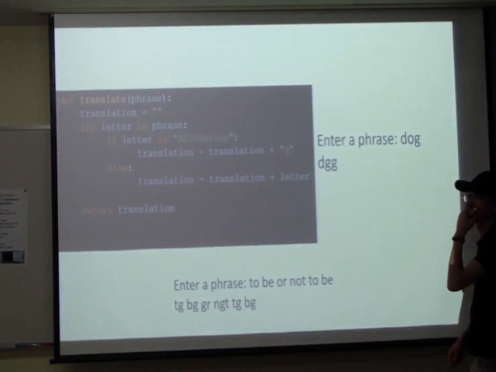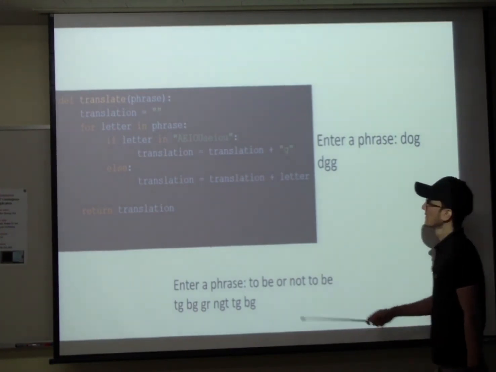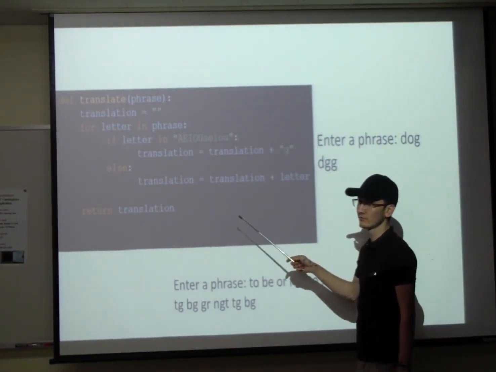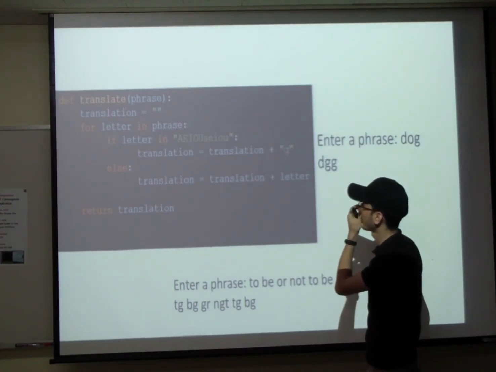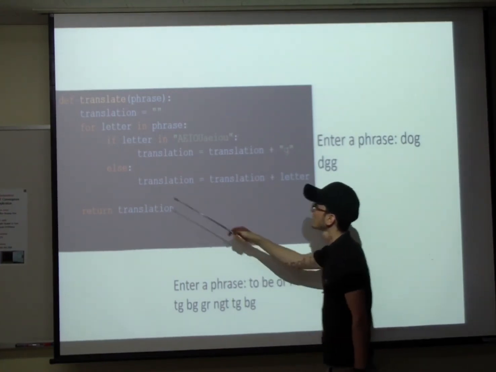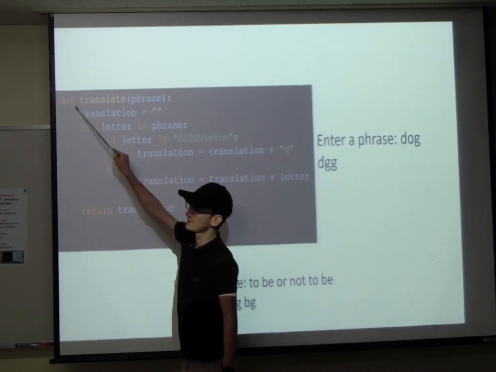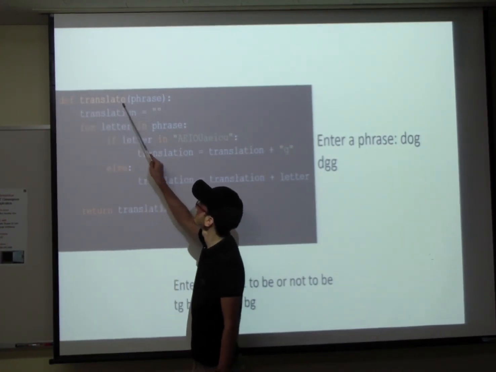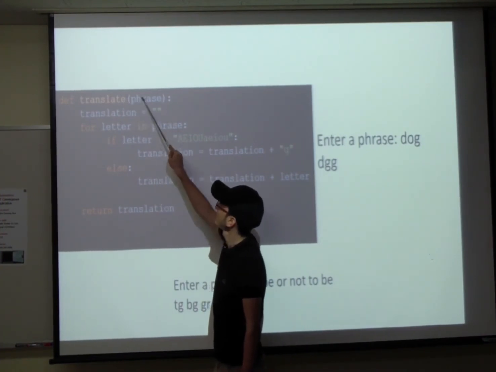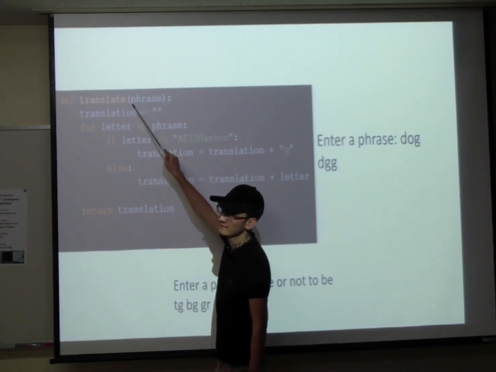So here we have a program. It will translate a specified value. For example, here we create a function, translate. This is the name of the function, and inside we are giving the parameter phrase.